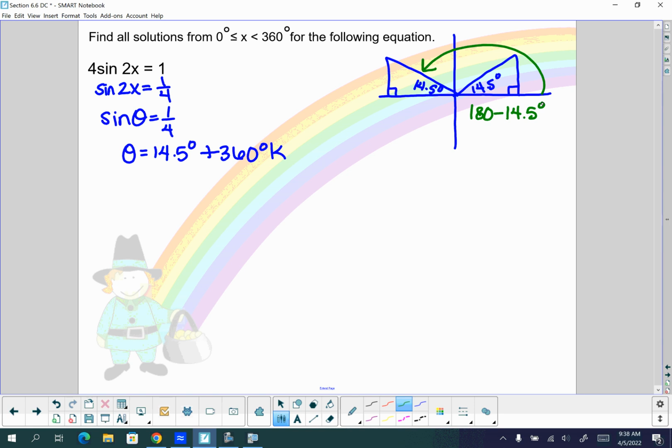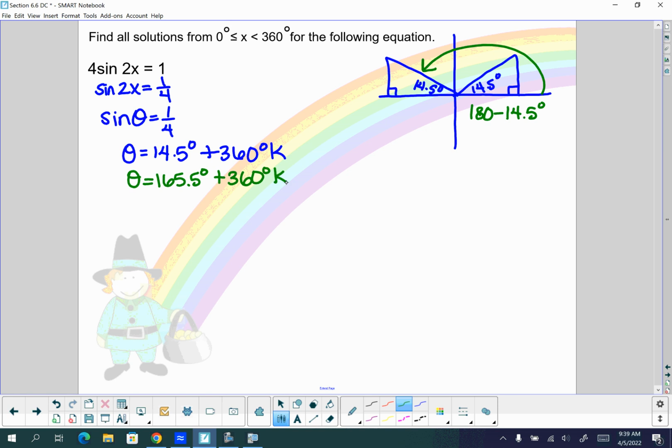And then that's going to give you the second answer. So 180 minus 14.5, 165.5. And if at this point you want to check it, you can do the sine of 165.5 and make sure it's approximately 0.25 because we rounded a little bit there. So you can just plug it back in and make sure that you did that right.